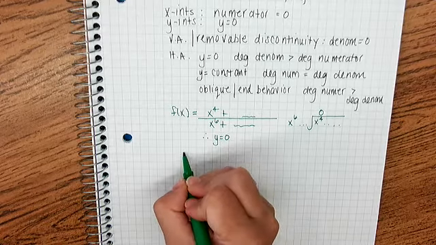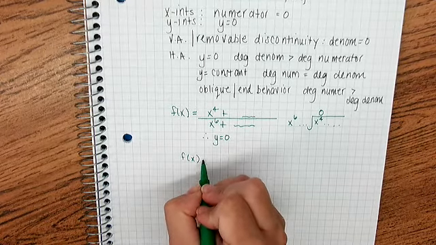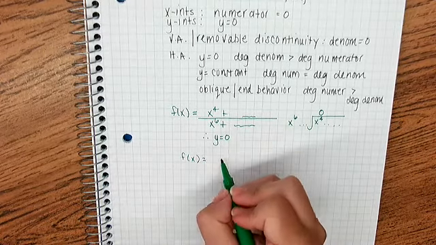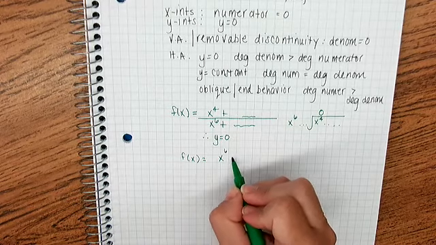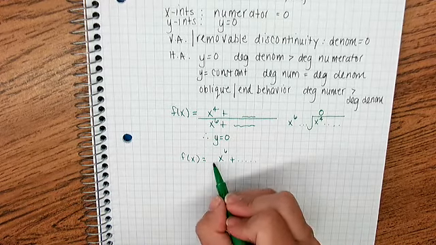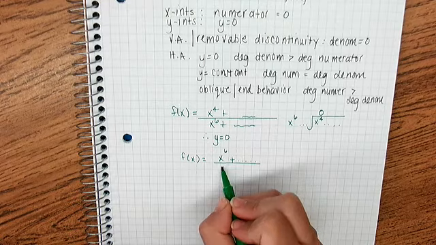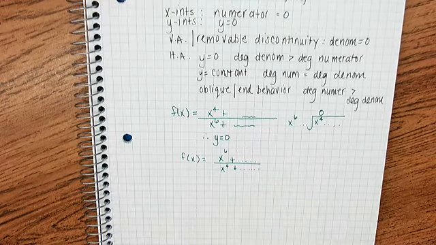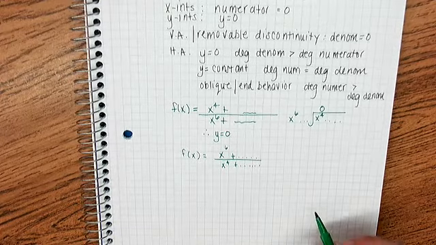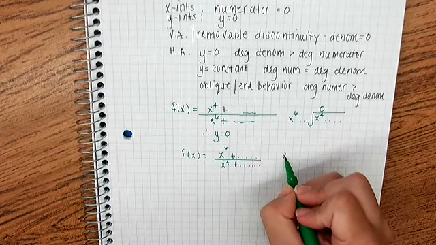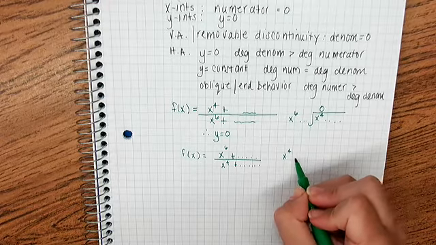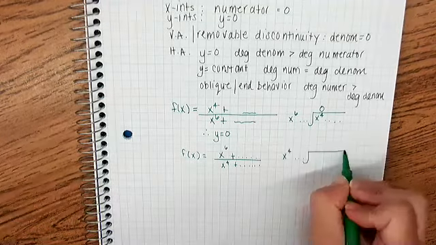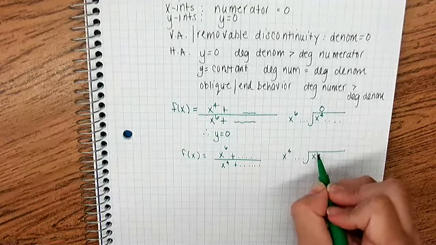Let's say it was something like f of x equals x to the 6th, blah, blah, over x to the 4th, blah, blah. And you were to do the same process. If you were to long divide, you would say x to the 4th goes into x to the 6th.